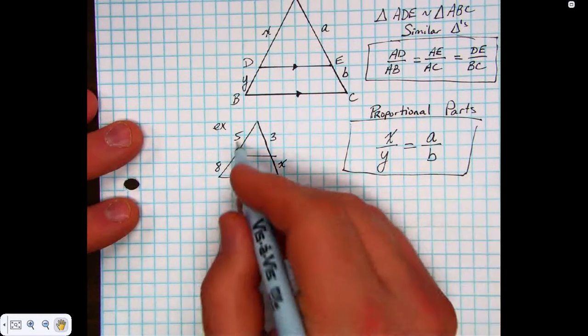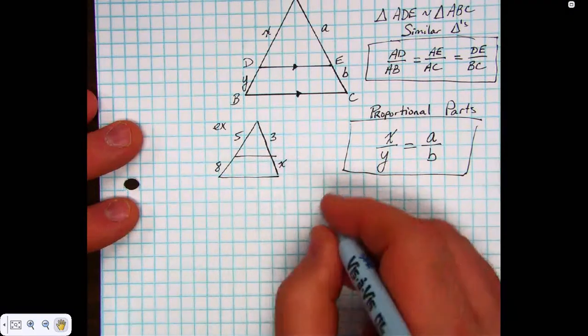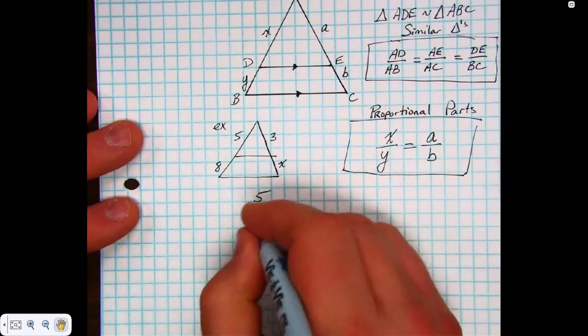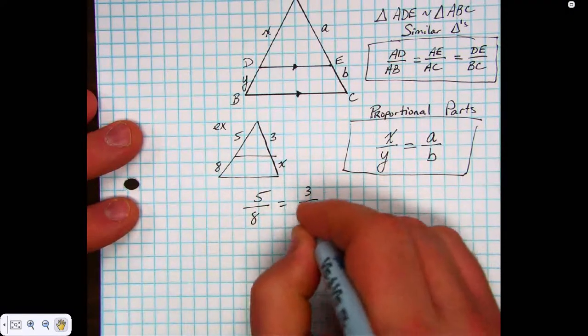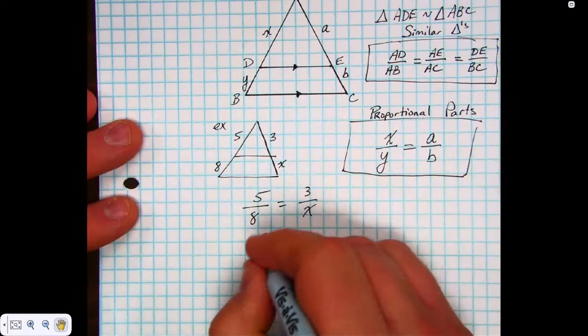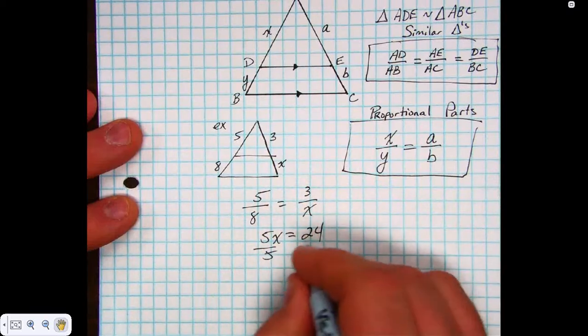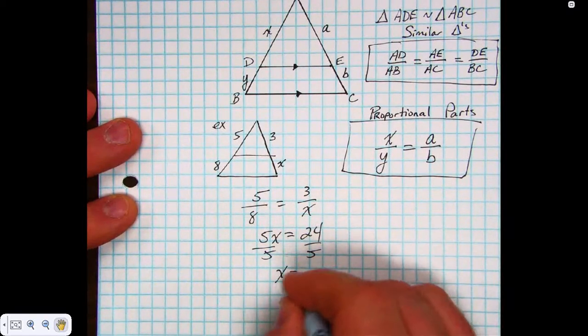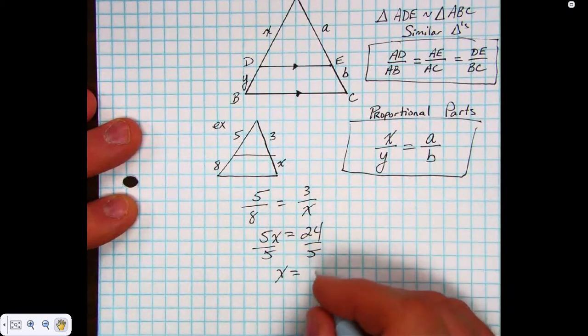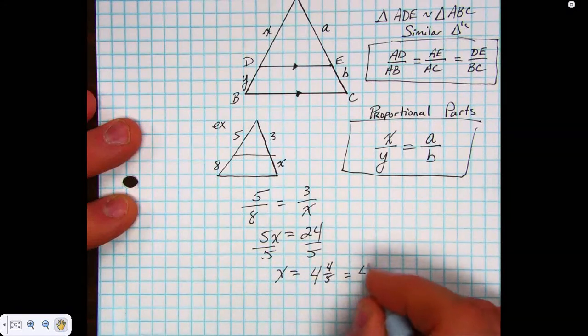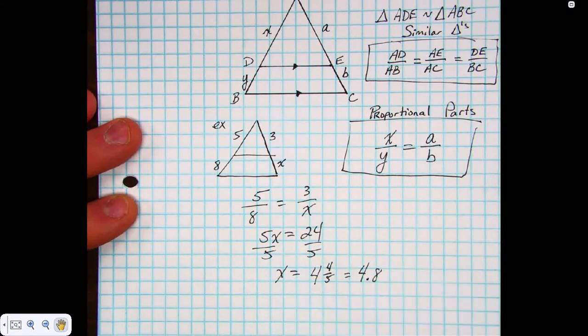Proportional parts, because I have all the parts, don't I? So what do I know now? 5 over 8 equals 3 over x. So 5x is equal to what? 24. X is equal to 4 4/5, which would equal 4.8, right?